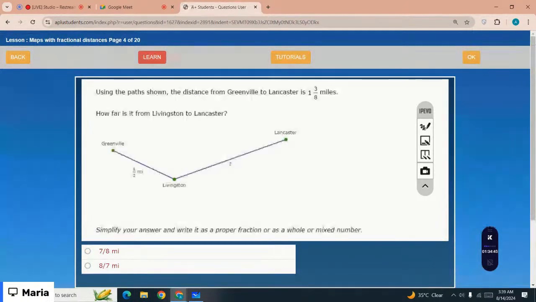Using the path shown, the distance from Greenville to Lancaster is 1 whole 3 by 8. How far is it from Livingston to Lancaster?